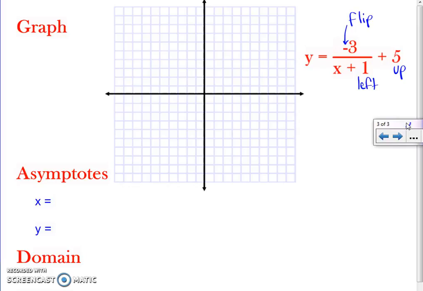That's the only thing that's different. So if we draw our asymptotes, we're going to go left 1, and we're going to go up 5. And now the curves are going to be in the opposite corners, so we're swooping over here and here.